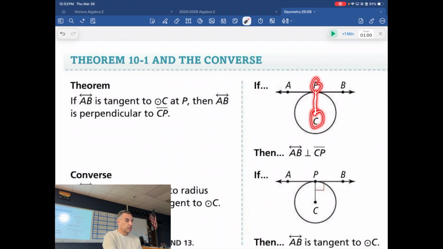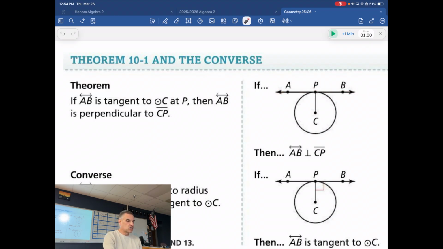When it says they're perpendicular, that means this creates a right angle. So if we can somehow prove that that's a right angle, then we know that this is a tangent line. We can start thinking of all the ways that maybe we could figure out if it's perpendicular or not.